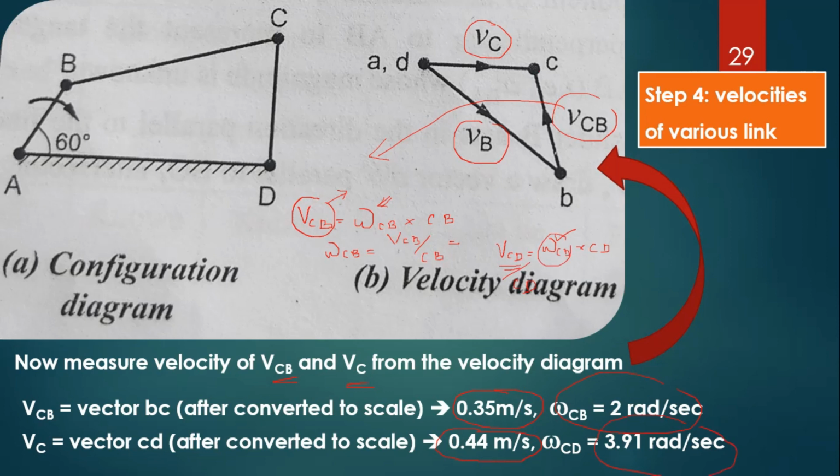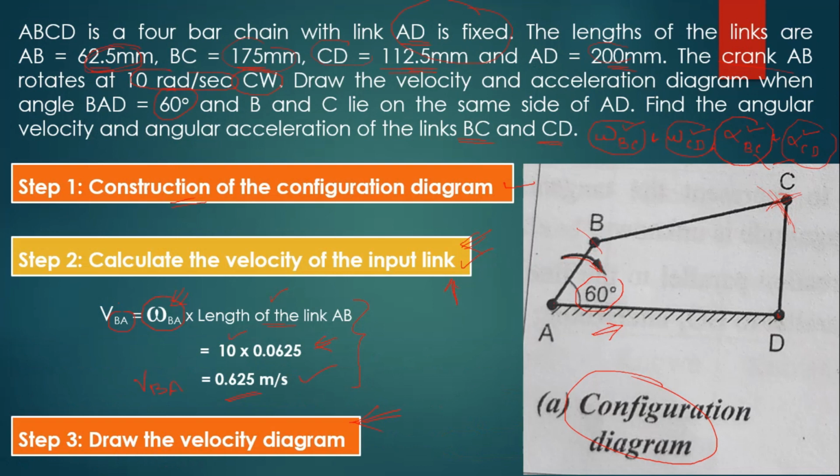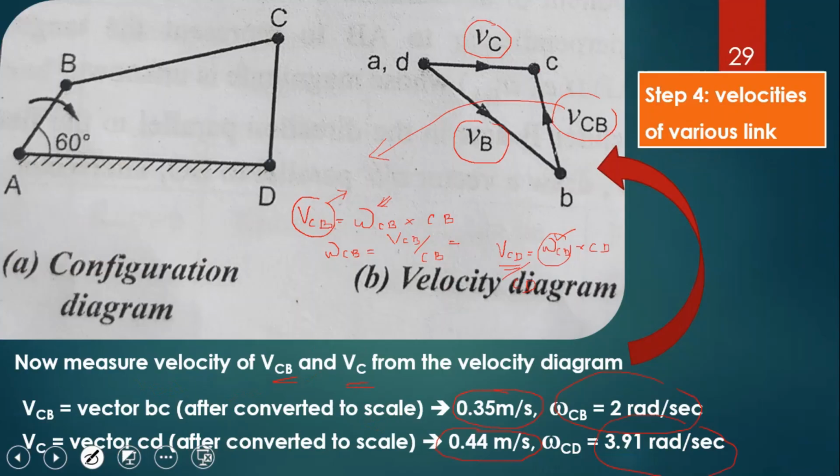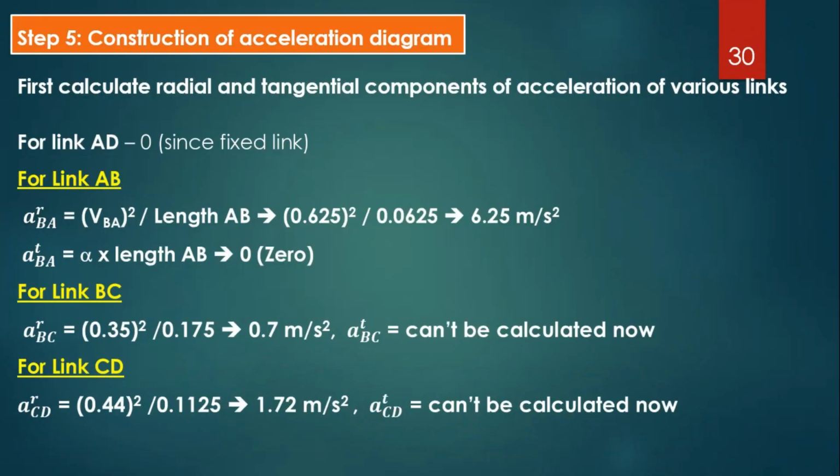So, we have calculated omega BC and omega CD, which means the angular velocities of BC and CD. Now, we are going to find the angular accelerations, which means alpha BC and alpha CD. So, construction of the acceleration diagram.